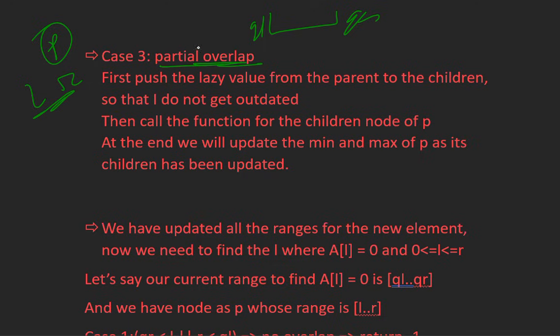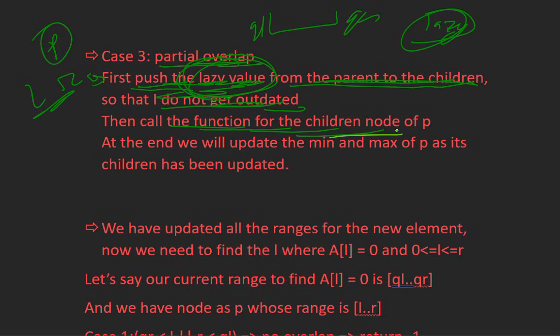Partial overlapping. In case of partial overlapping, first we will push the lazy value from the parent to the children. The lazy value is the value present at the parent that should be updated through the children. So first we push that value so that it doesn't get outdated. That means we first update the children with the lazy value, and then we call the function to add the value to the children of p, that is 2p and 2p plus 1.